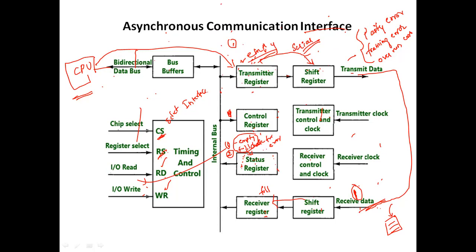When it comes to the receiver, if the receiver data input is 1, it is an indication that data is available. So the receiver always checks the receiver data line to see whether any data is available. If the data is available, the receiver register takes the data. And if the receiver register is full, we can't keep any data in the receiver register.